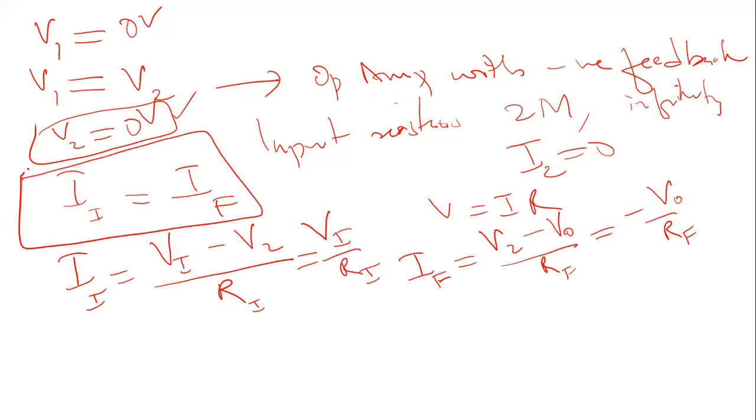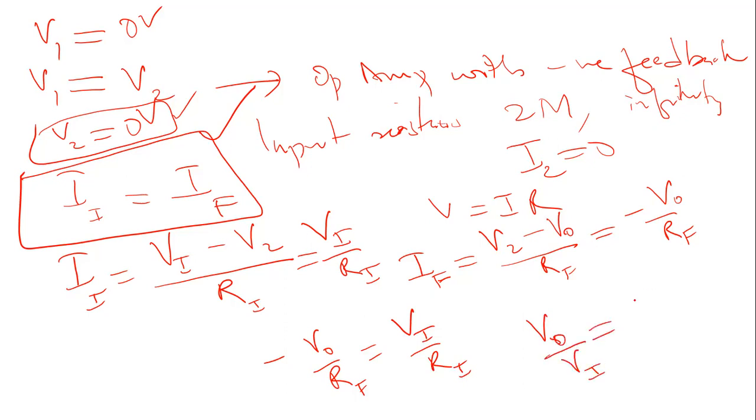And from Kirchhoff's law, we have concluded that II is equal to IF. So that means minus V0 upon RF will be equal to VI upon RI. So output voltage upon input voltage will be equal to minus RF upon RI. What is this output voltage upon input voltage of an amplifier? This voltage ratio, output to input voltage ratio, is known as the gain of an amplifier.